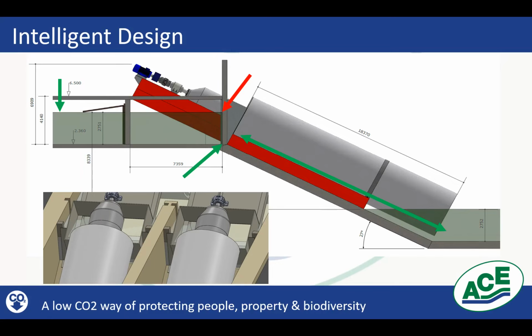Now, on an Archimedean screw, this example is 4 meters diameter. What that means is, as you can see with this figure here, that we can actually reduce the height of the overall pumping station by 2.751 meters when compared to a traditional type screw pump. That's massive.